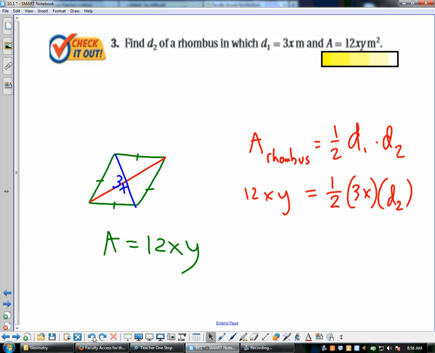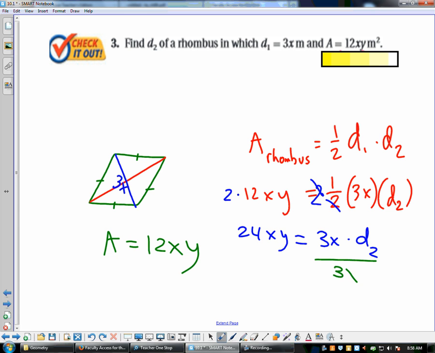So what are we going to do to find D2? Julia: Multiply both sides by 2. Get rid of that 1/2. So I get 24xy equals 3x times D2. What's our last step in solving for D2, Megan? We want to get D2 by itself.